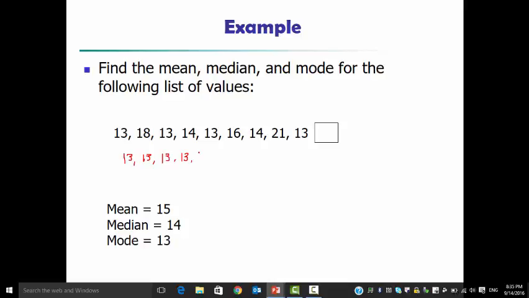After that, 14. How many 14s? 2 14s. So 14 and 14. After that, 16. After that, 17, 18. How many 16s? 1 16, right? And 18 and 21.